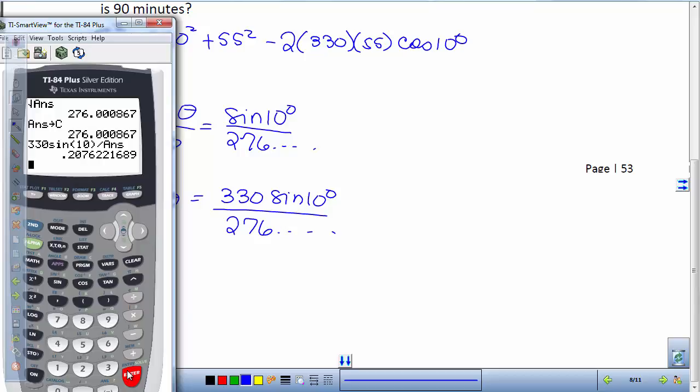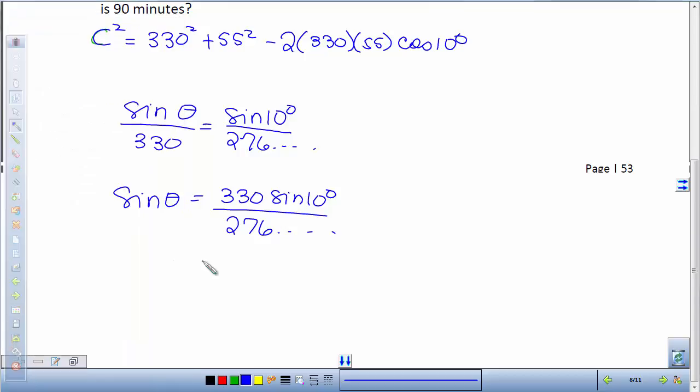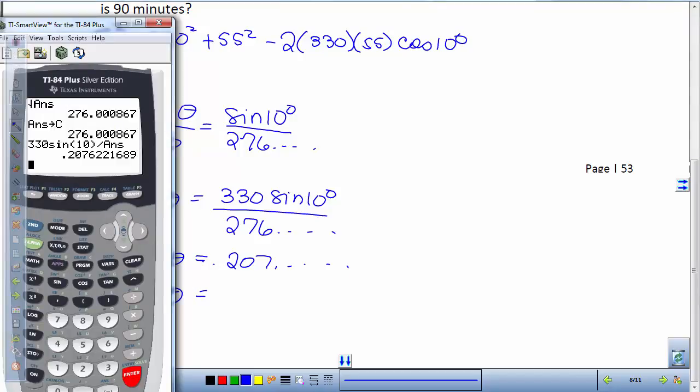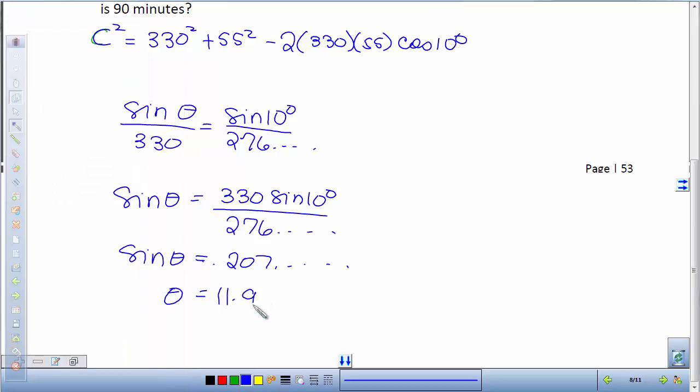Okay, I get 0.208. Sine theta equals 0.207 dot dot dot. So theta equals sine inverse, 11.98. All right, so that's theta.